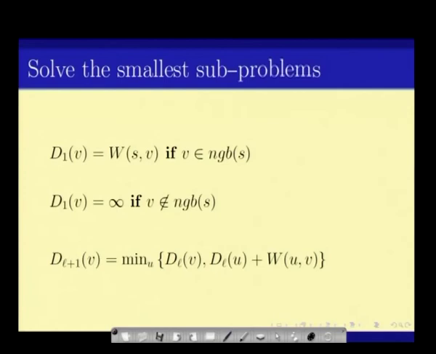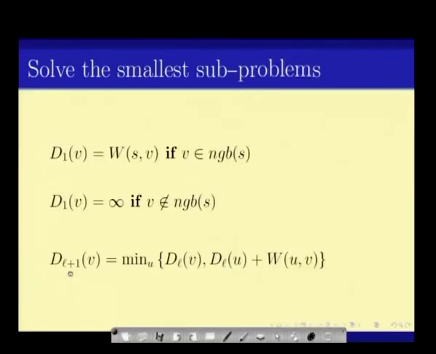Of course, it is easy. If the vertex V is in the neighbor set of S, then you can go from S to that vertex using just one edge, and the shortest path, which is just one edge, will be the weight of the edge SV, which is denoted as w(S,V). If the vertex V is not in the neighborhood of S, then by making one edge move, you cannot reach V from S. In that case, we say the distance is infinite.